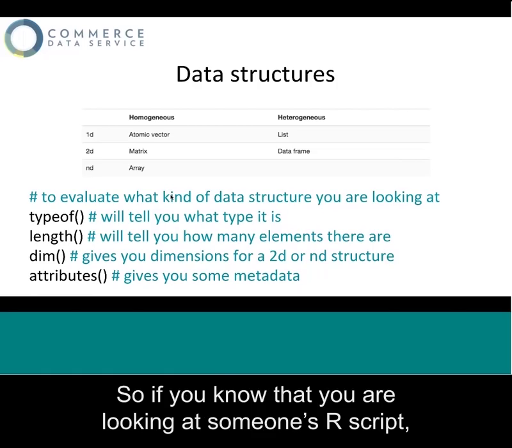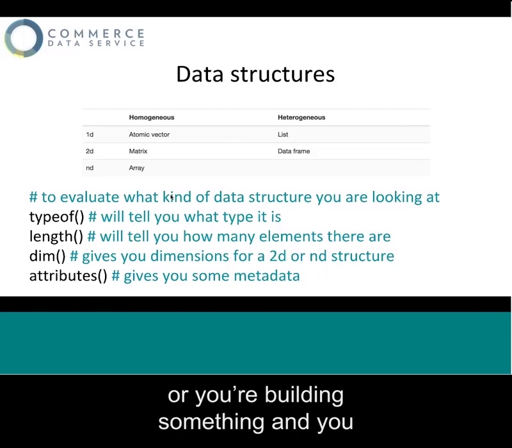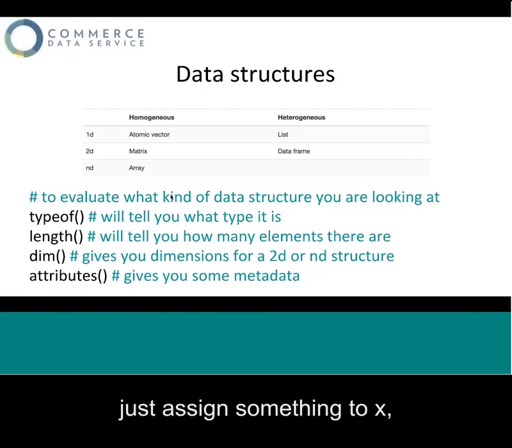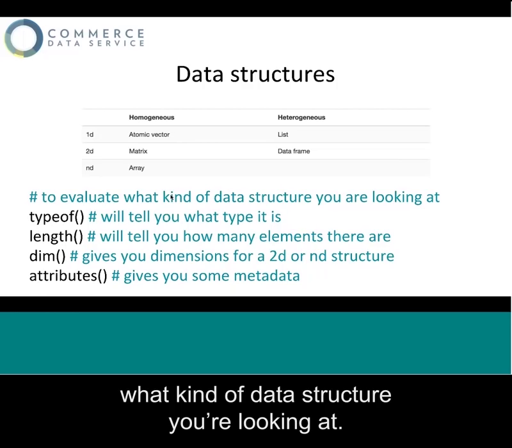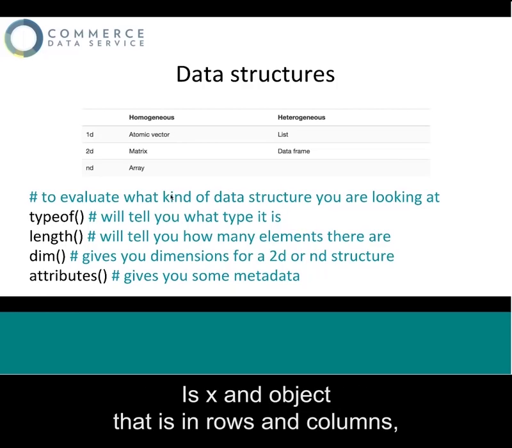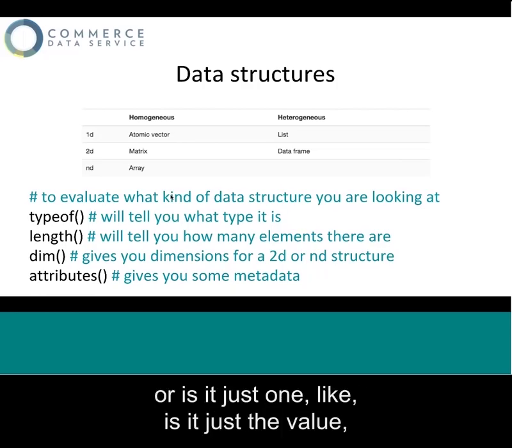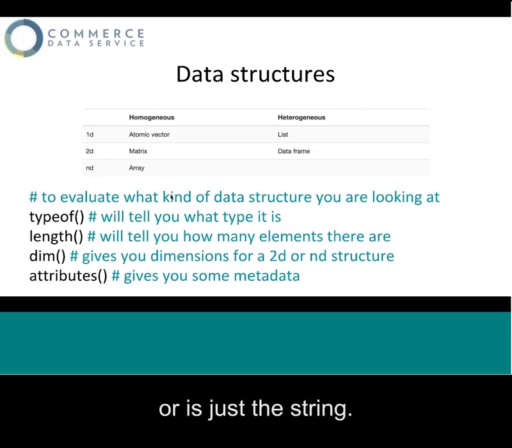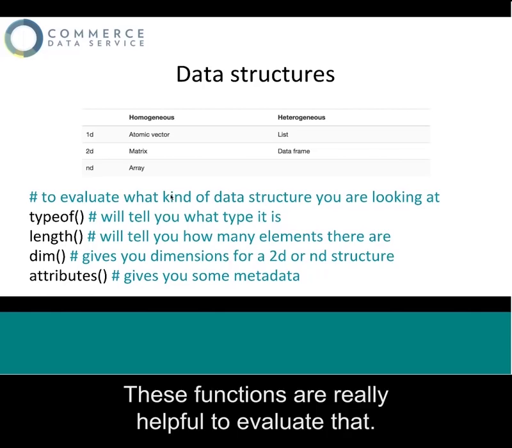If you are looking at someone's R script or building something and you've just assigned something to X, and you want to see what kind of data structure you're looking at, like is X an object that is rows and columns, or is it just the value, or just a string, these functions are really helpful to evaluate that.